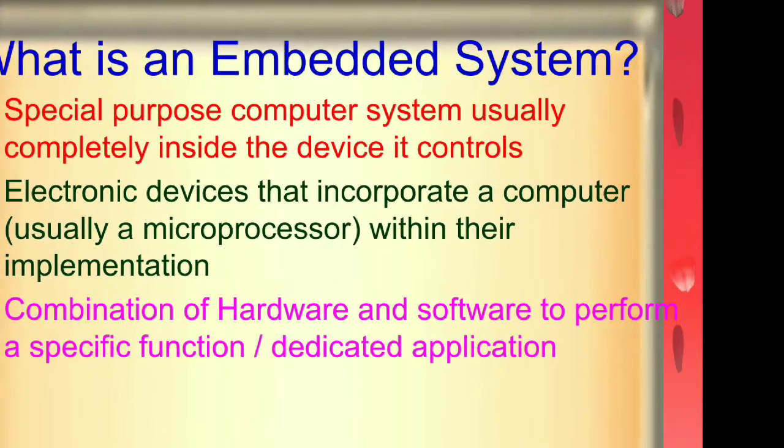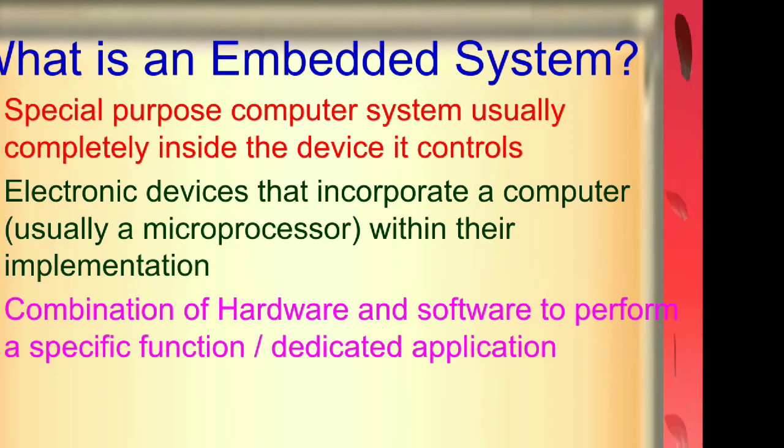That means the circuit having a microprocessor or microcontroller and memory, and the software, that means the task to be done by the embedded system is written in the form of software and stored into the memory of the circuit. That software will do the task by means of the hardware. That is the embedded system.